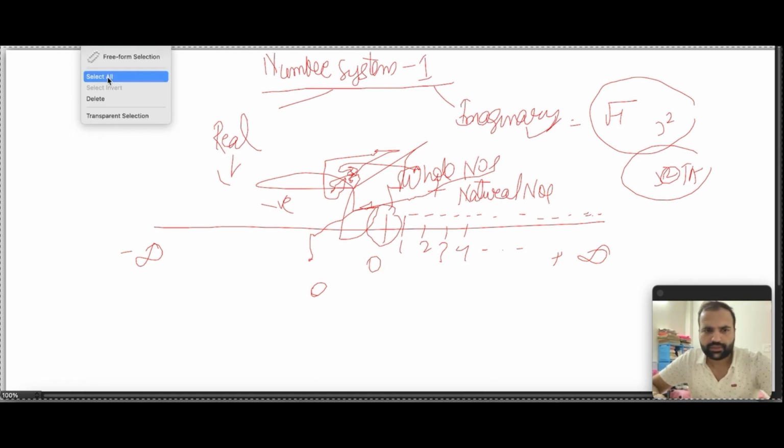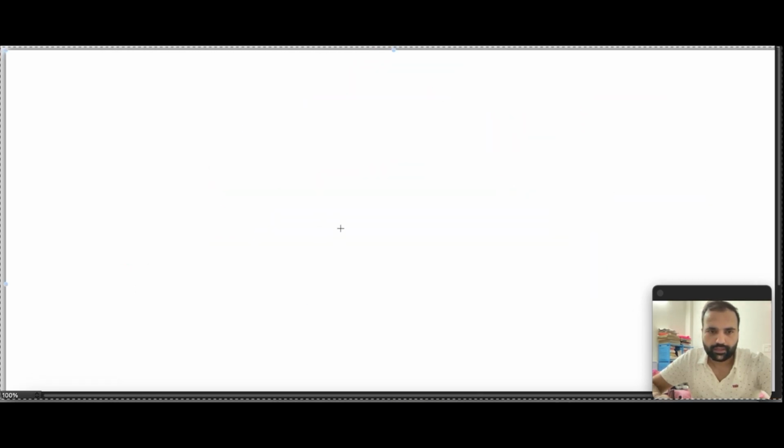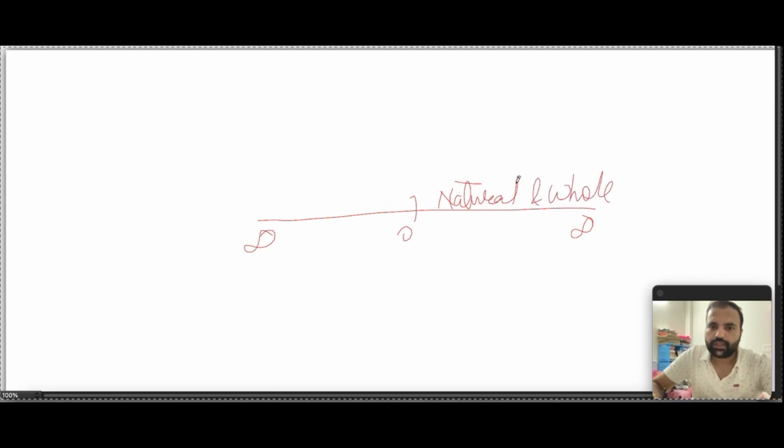Now, let me rub this off and draw a new line over here again. So, 0. We have learned what natural numbers are and how they differ from whole numbers.